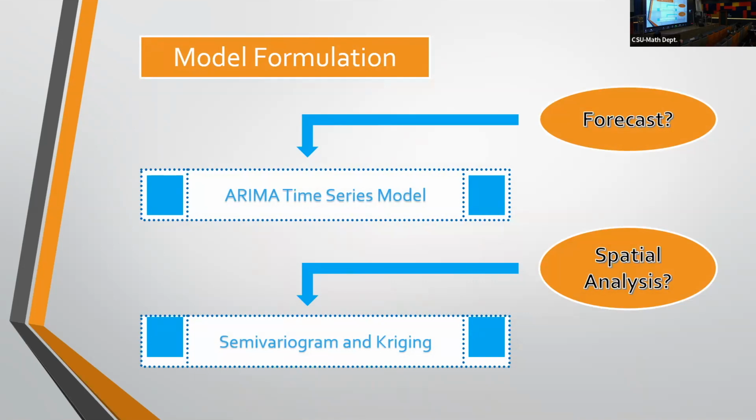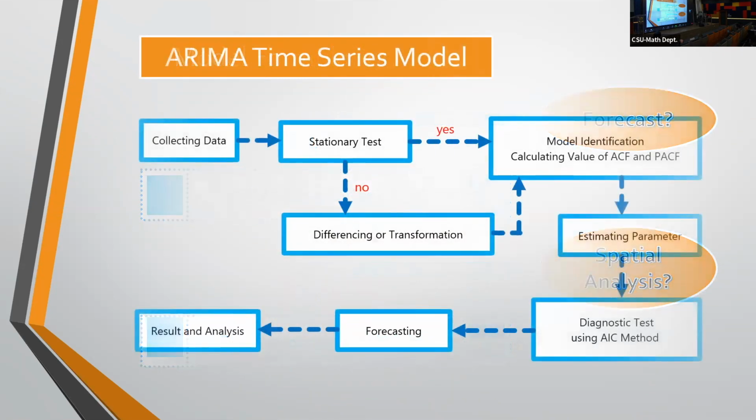Then for spatial analysis, we use the semi-variogram and Kriging method to see the spread of the disease, not using PDA. It's a very challenging one. So this is our algorithm. I think perhaps you already know. Collecting the data, stationary test.